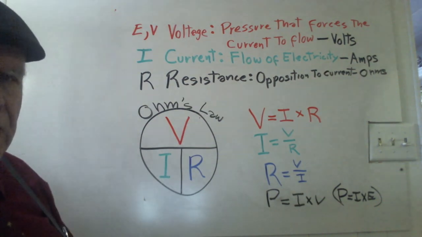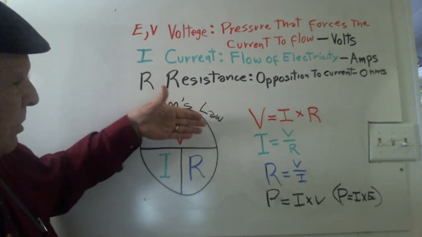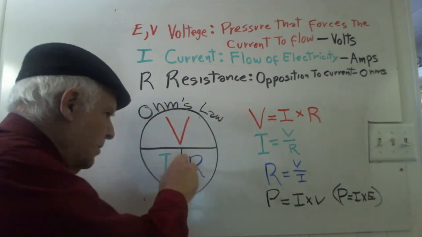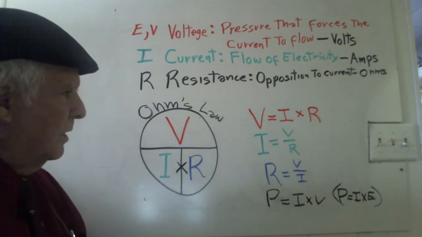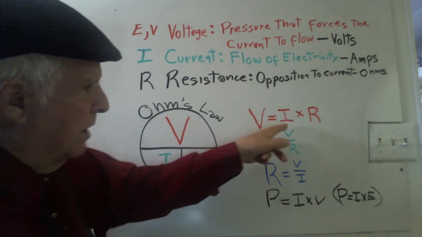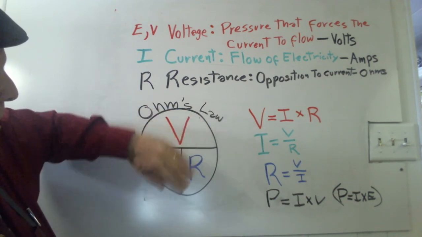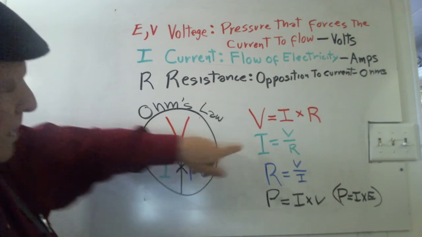Now, if I put my hand over the one that I'm looking for, for example, here I'm looking for voltage. The formula for voltage is going to be I times R. Voltage equals I times R. That'd be if I put my hand over the voltage, it would be I times R. Now, if I put my hand over the I, I end up with V over R, as indicated right here.